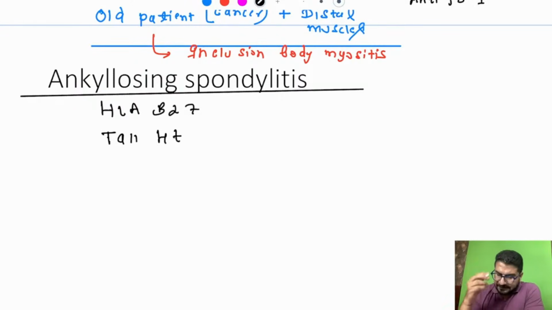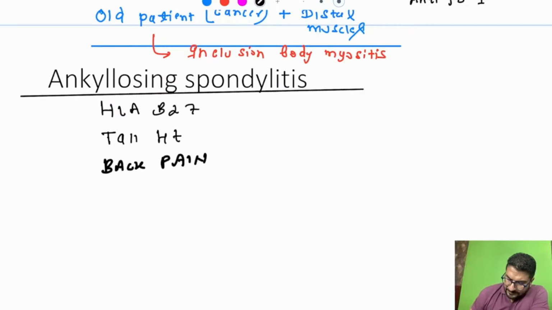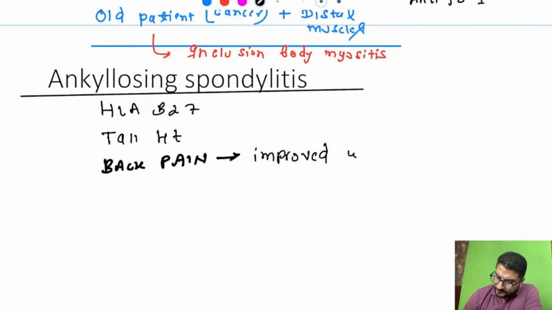Then you will notice that the main symptom is that the patient will have back pain or lower backache. Understand, this is not an orthopedic back pain, it's a rheumatological back pain. This back pain will improve with activity. So देखो अब सुनो, इसको ध्यान से समझो. पेशेंट बोलेगा सुबह सुबह उठ के पीठ में दर्द होता है, कमर अकड़ जाती है.